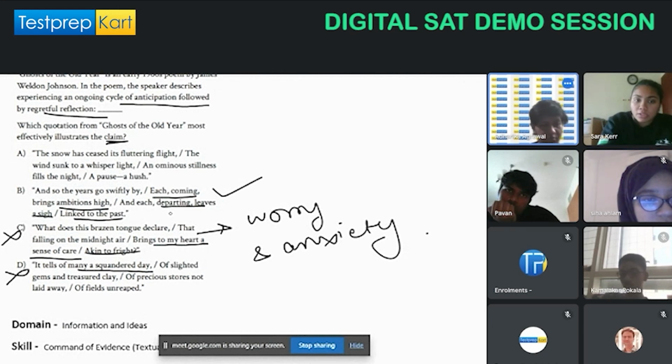So it's a constant cycle because he's talking about years, plural. And then linked to the past. Past is normally linked with reflecting upon it. So mainly this persona is not happy with the results and is just not confident with it. So it's just like the constant cycle of worry and anticipation.